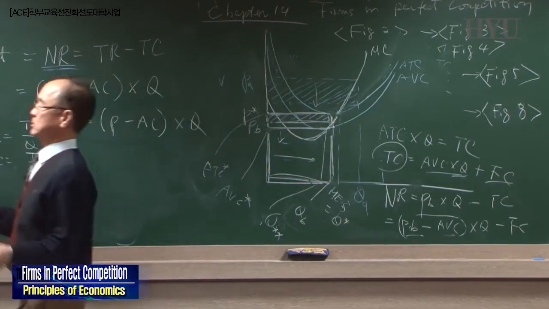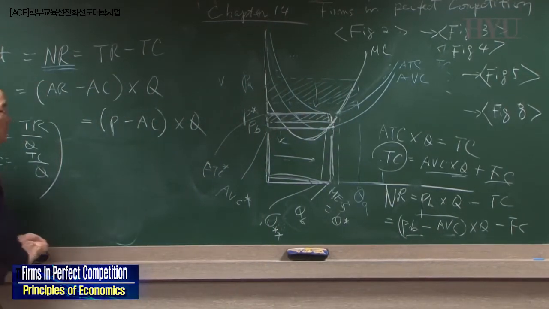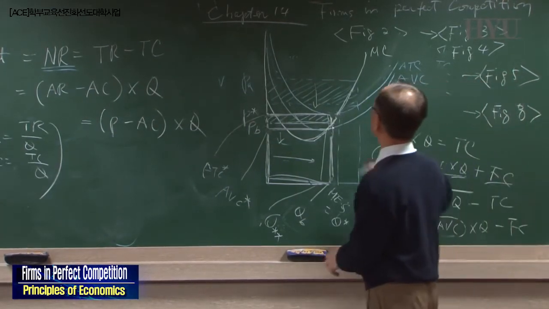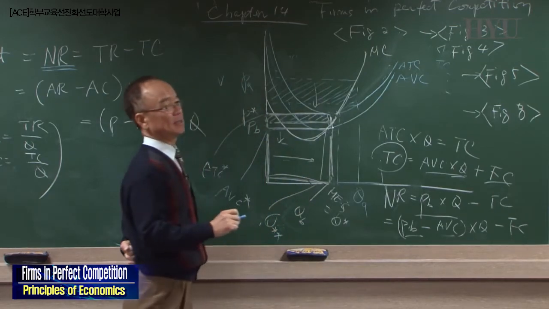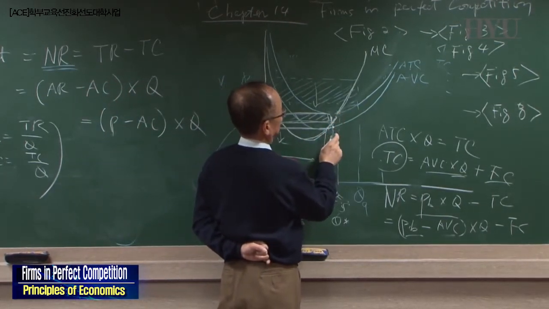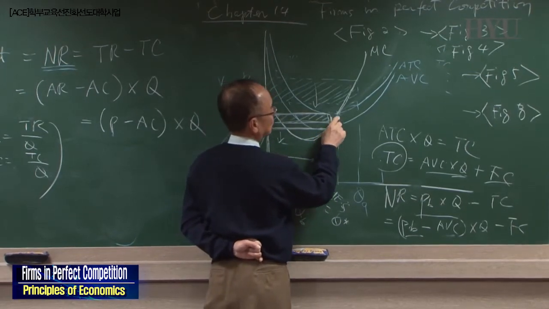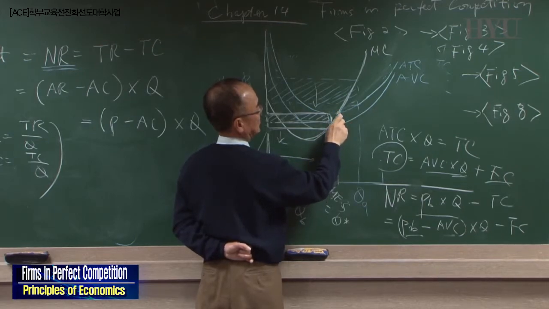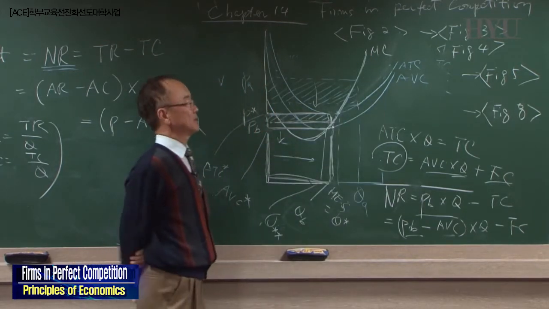So to be precise, in the past we defined the MC curve as the same as your supply curve, but to be precise, in the short run this will be your supply curve because here you will be in operation, but in the long run, this will be your supply curve. Is that clear?